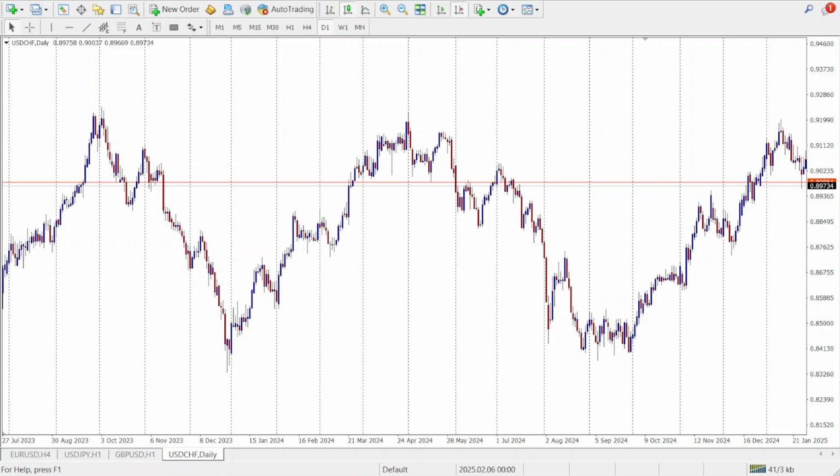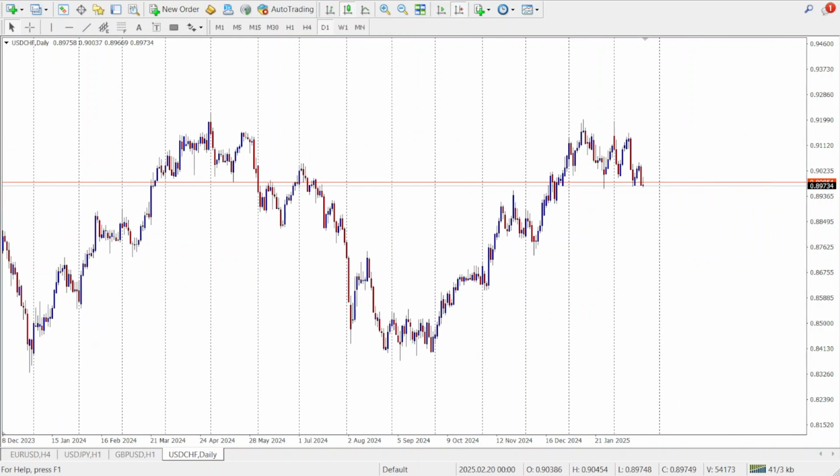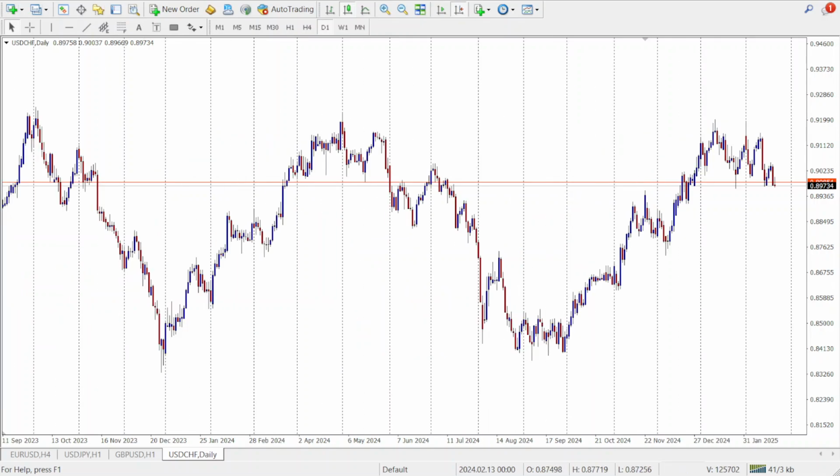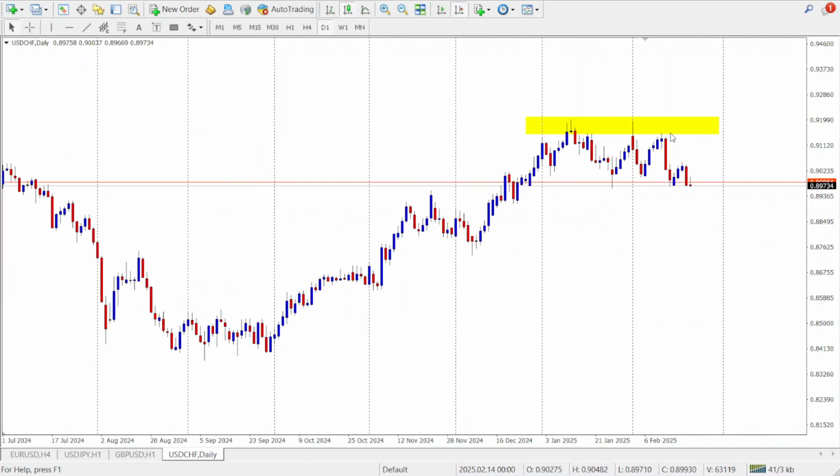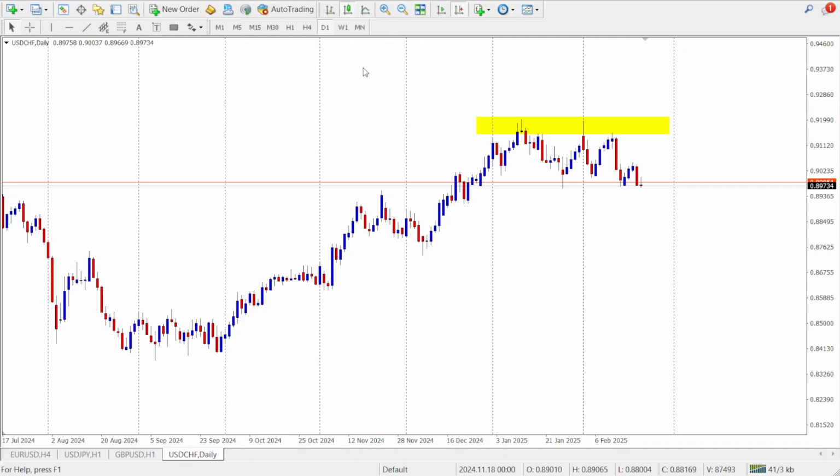Liquidity is often concentrated at key swing points, places where price has recently reversed or failed to move beyond. That's why we say recent swing highs, previous highs and lows.